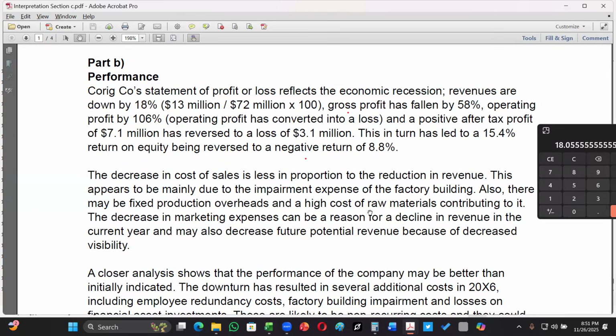Okay, and we also saw that they are reducing their marketing expense, and they say that the decrease in the marketing expenses can be the reason for a decline in revenue in the current year and may also decrease future potential revenue because of decreased visibility. Clearly, when you spend money on marketing and advertising, you're more visible and you're likely to have more sales revenue.